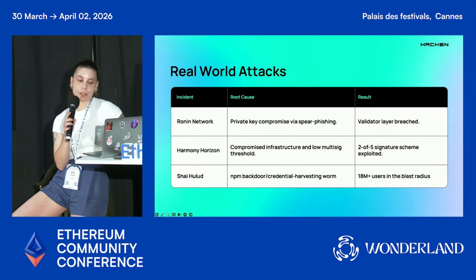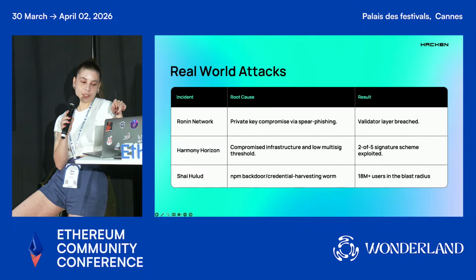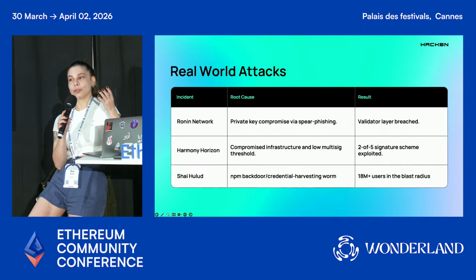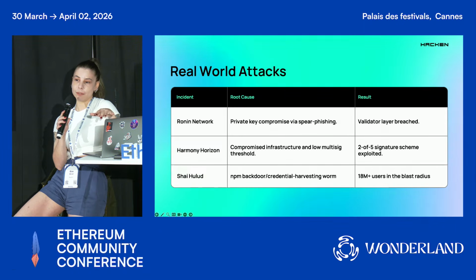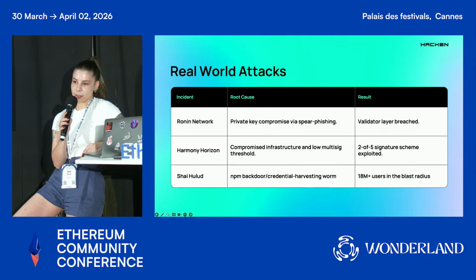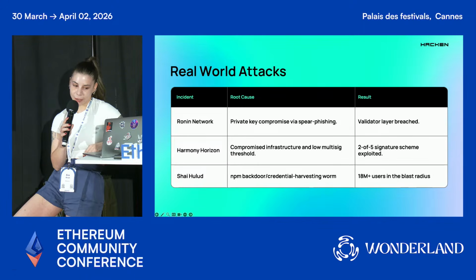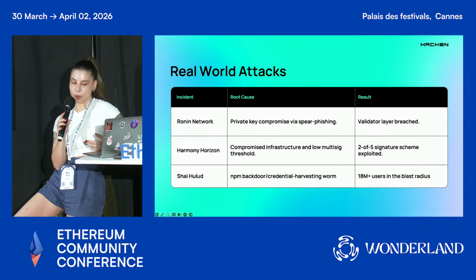Then the attackers used the stolen credentials and uploaded fake versions of trusted Chrome extensions, and users who logged in had their wallet data stolen silently. It nearly affected 20 million users, and the effect is still going on.